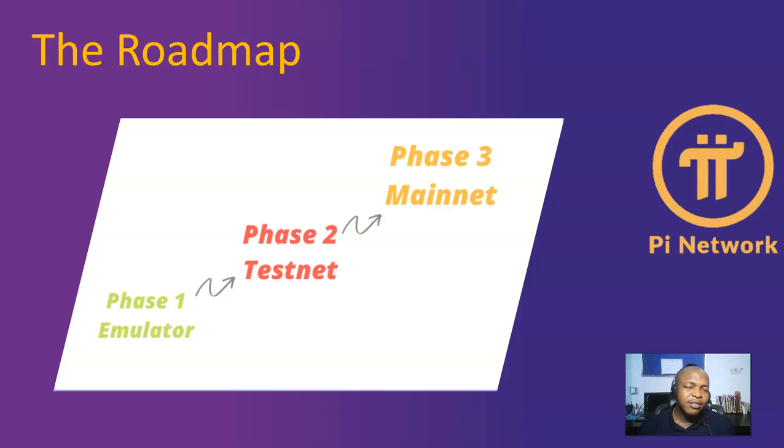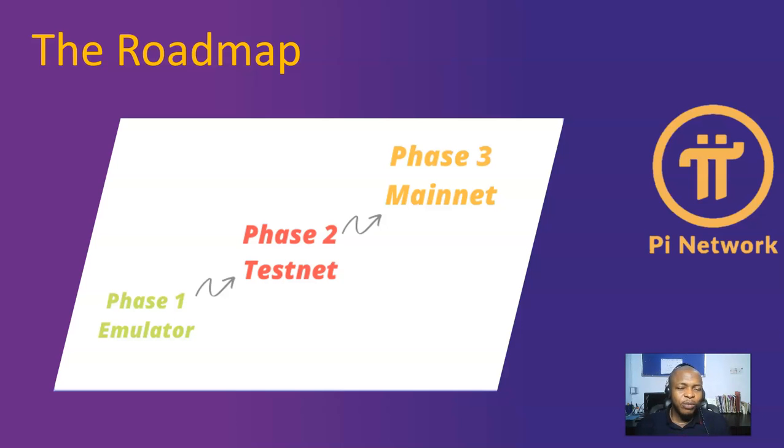The second phase is the testnet, where all these things are implemented and tested, so that adjustments can be made if there needs to be adjustment, and people can still contribute to the development of the Pi network. Then phase 3, we are not in phase 3 yet.